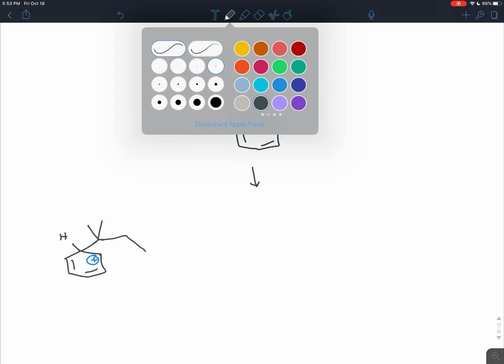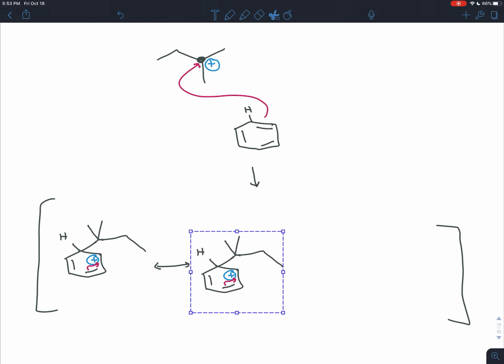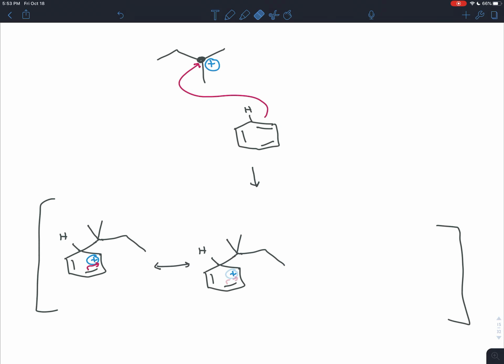Because that positive charge is allylic, as we've seen many times before, it's going to give rise to resonance. And when you have an allylic positive charge, the pi bond goes to form a new bond toward the positive charge. You draw all the resonance structures in brackets, and in between them you draw those special resonance arrows that tell you to average all the molecules inside the brackets.